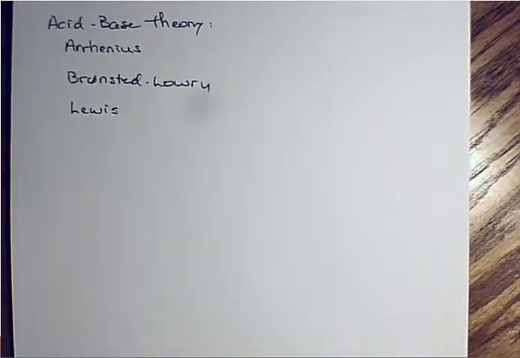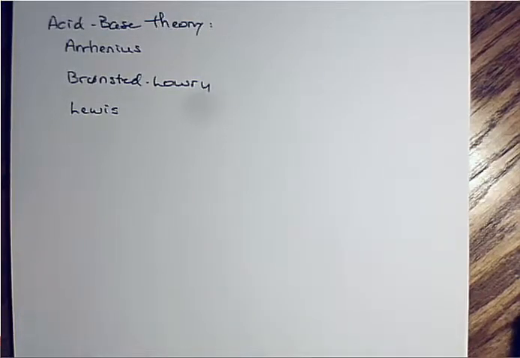So in the Lewis theory, an acid is a chemical species that accepts a pair of electrons in a covalent bond. An acid is a chemical species that accepts a pair of electrons in a covalent bond.